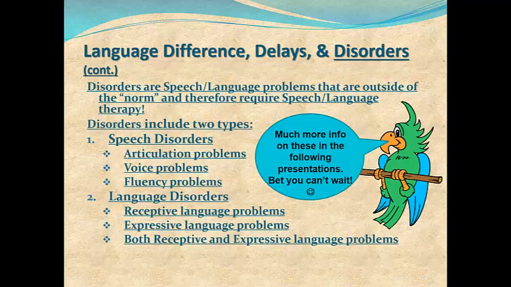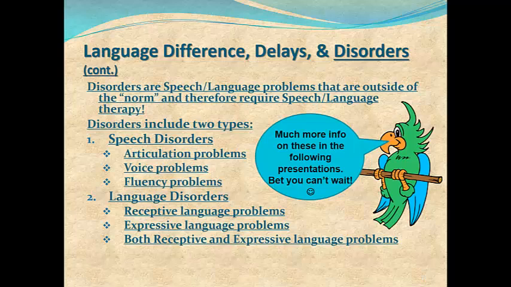Language difference, delays, and disorders continued. Disorders are speech and language problems that are outside of the norm and therefore require speech and language therapy. Disorders include two types. 1. Speech disorders. 2. Language disorders.